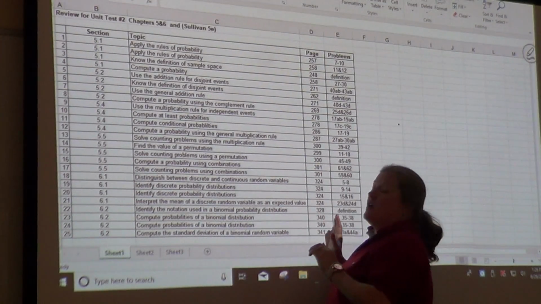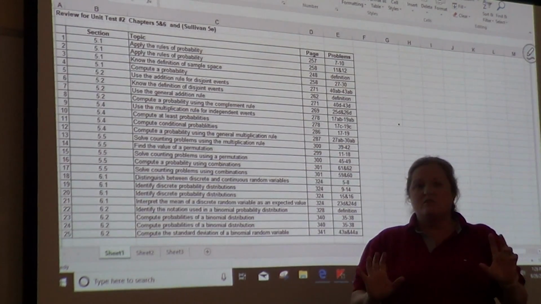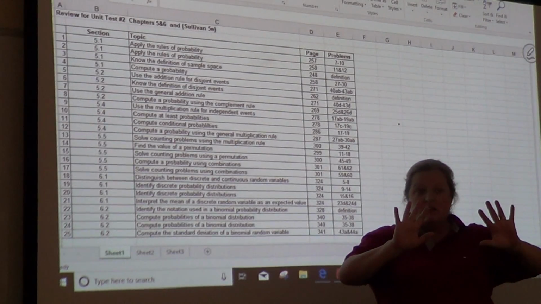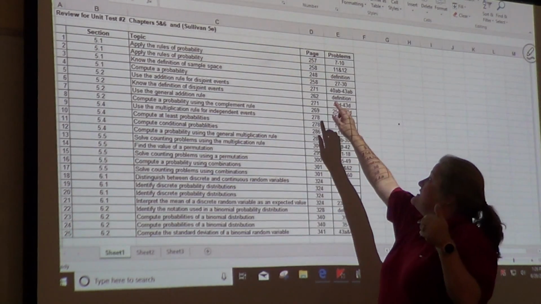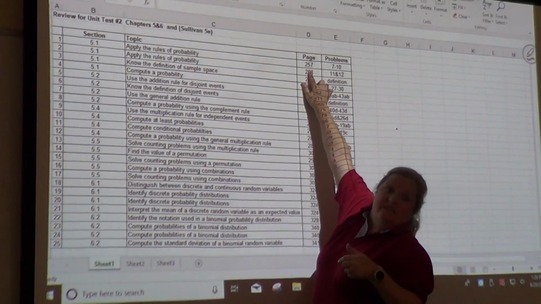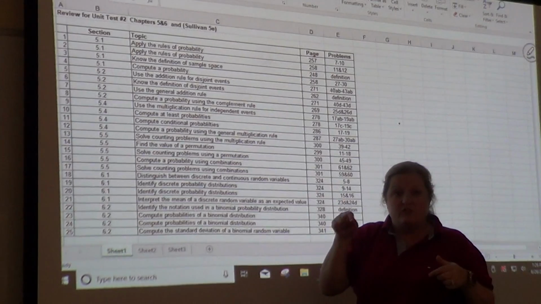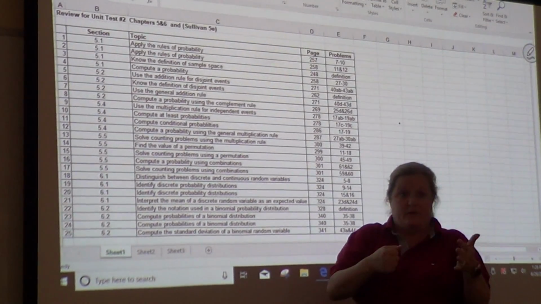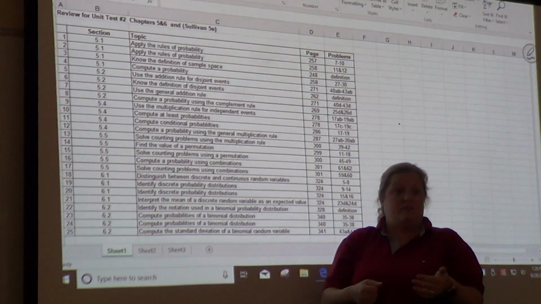Okay, so I came into work early this morning, sat at my computer, and pulled up the electronic textbook. I took my little snipping tool, and in my electronic textbook, I went to page 257, and I snipped problems 7 through 10 and pasted them on a piece of electronic notebook paper. Then I went to page 258 and pulled over problems 11 and 12.